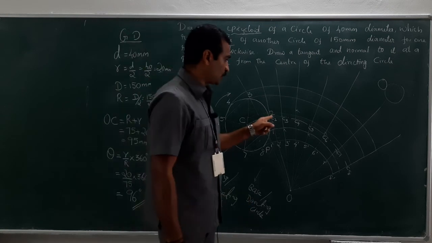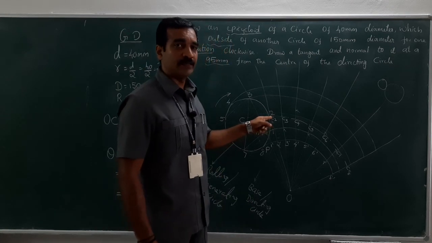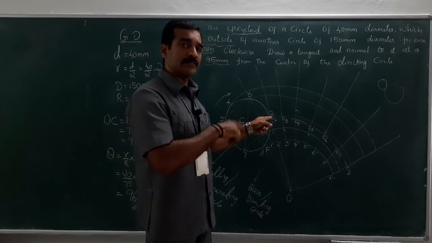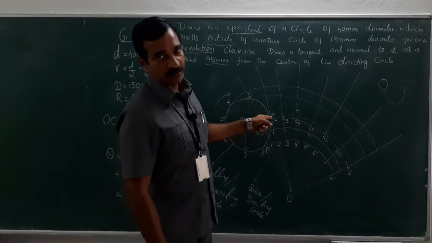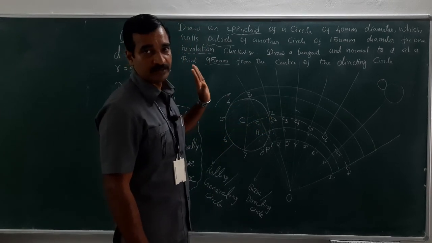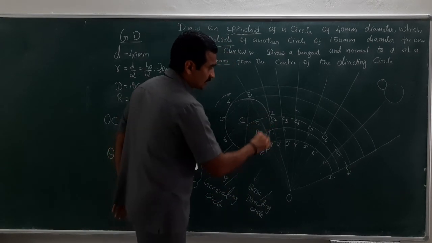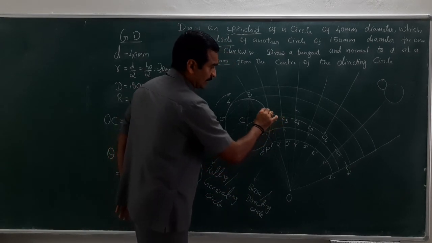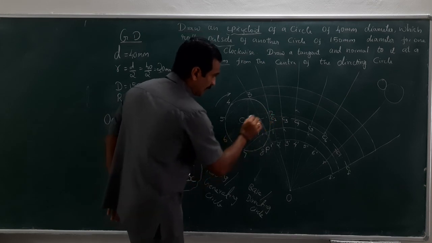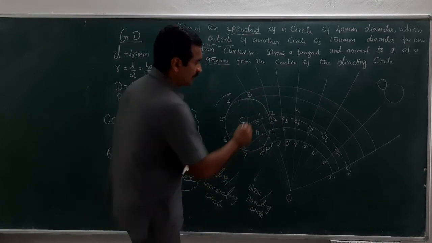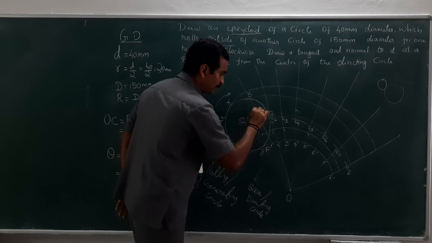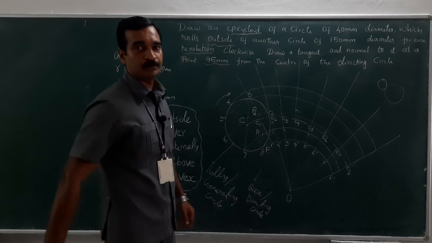Now change the position, C2 as center, the radius is nothing but the rolling circle radius which doesn't change, right? So C2 as center, cut an arc on line 2. Where is line 2? Somewhere here. This point can be taken as P2.